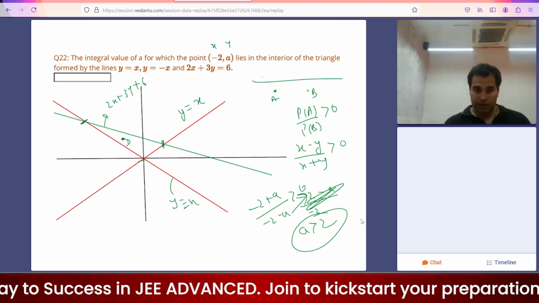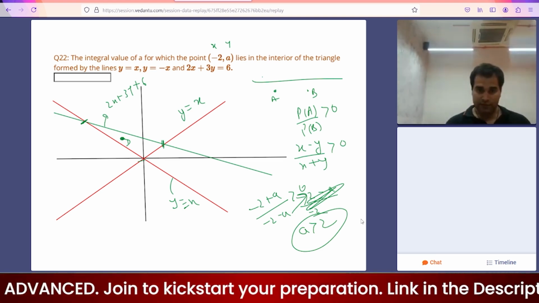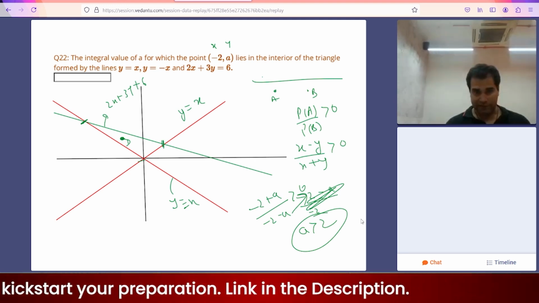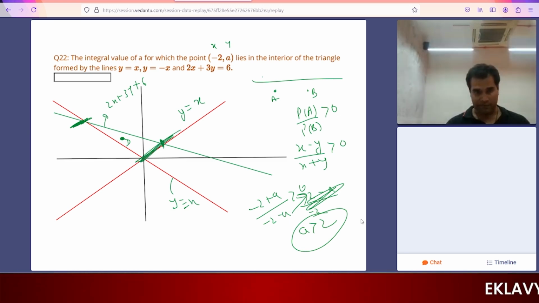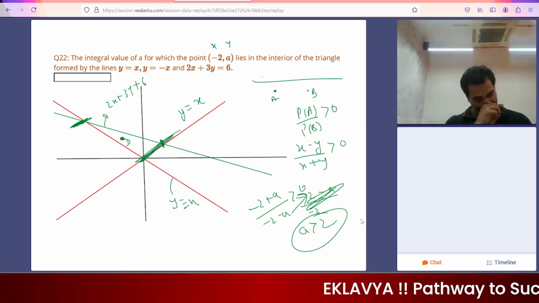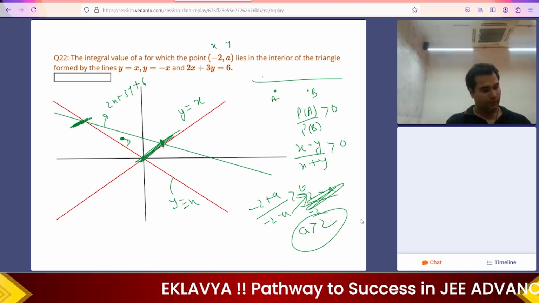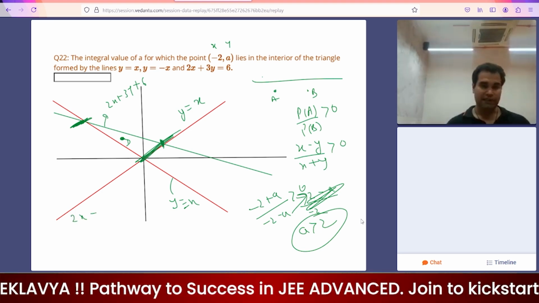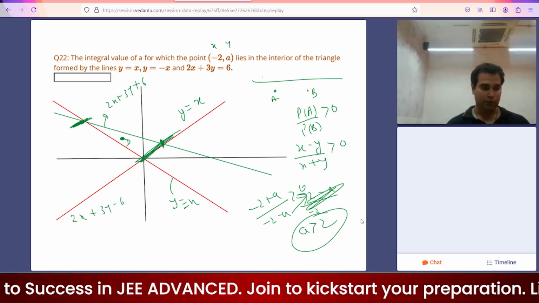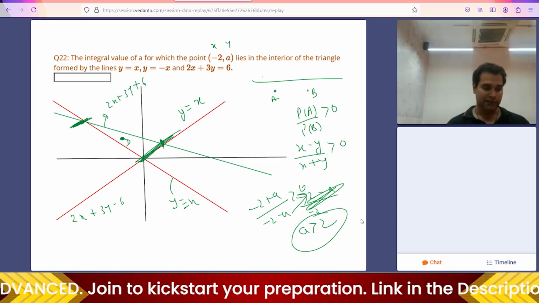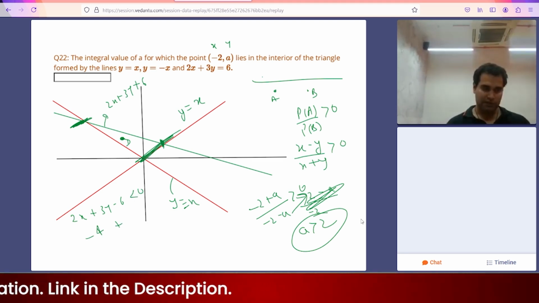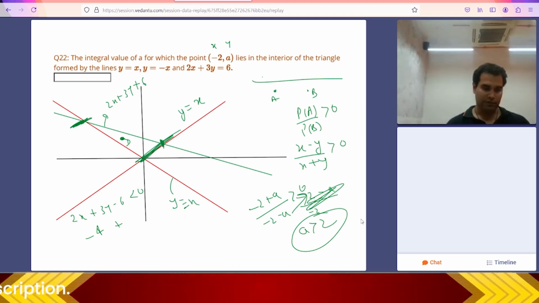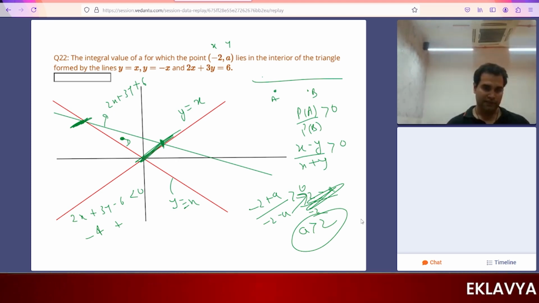And for this point and this line, it is the opposite direction, so we put 2x plus 3y minus 6 less than 0, which means minus 4 plus 3a minus 6 less than 0.